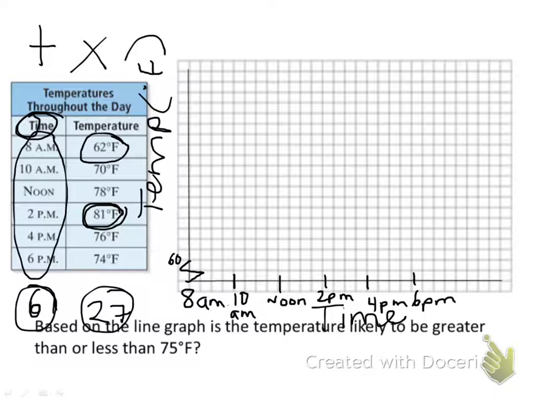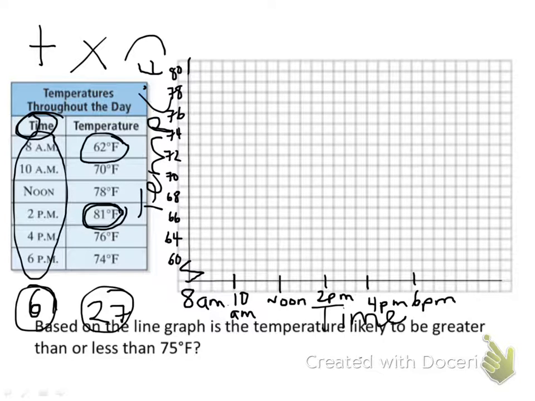From 60, this is 62, so we'll make this 64, 66, 68, 70, 72, 74, 76, 78, 80, and then I'm just going to extend my graph up a little bit.